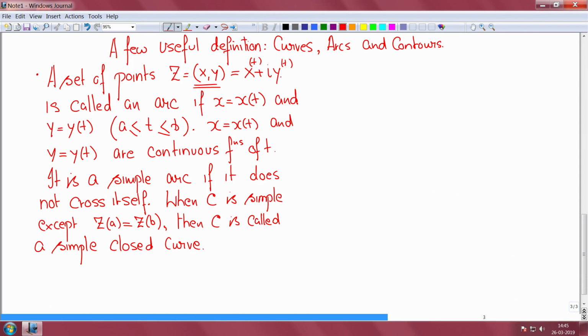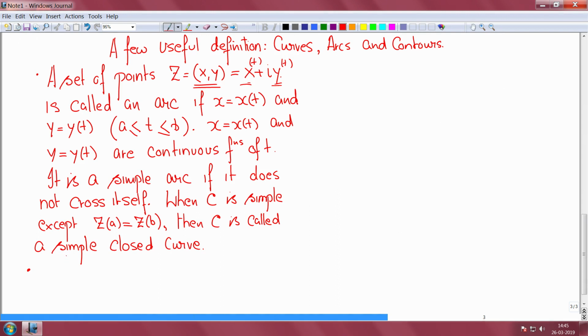Then the next definition. We have not said anything about how x dash and y dash, the derivatives of x and y with respect to t behave.